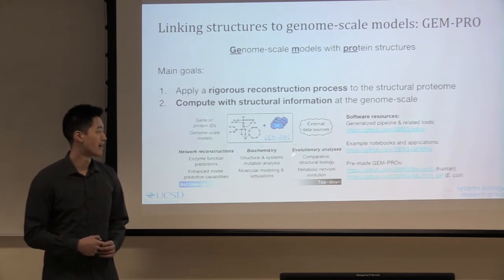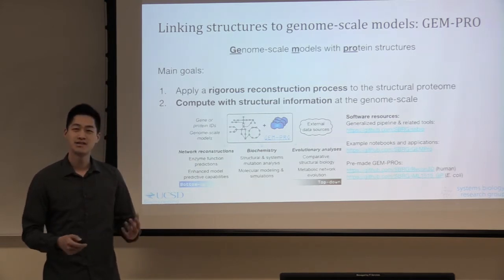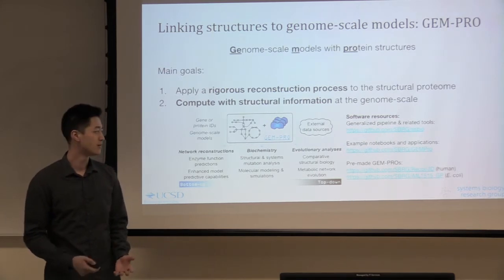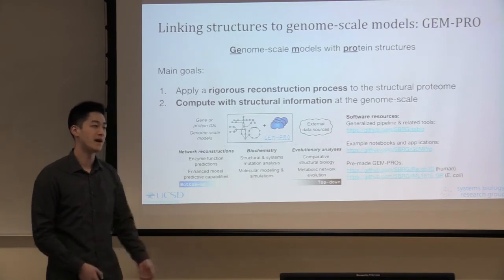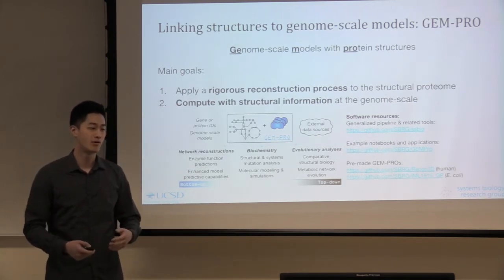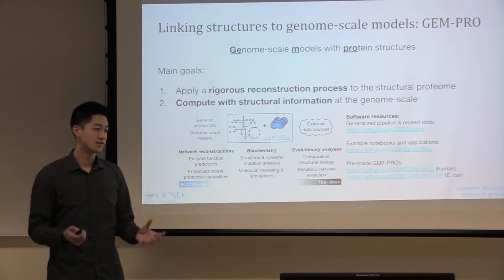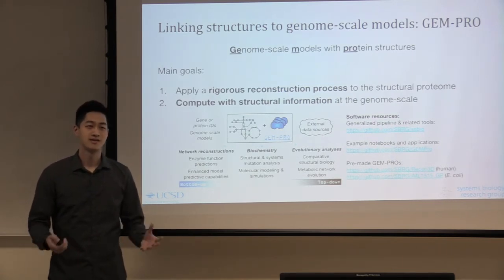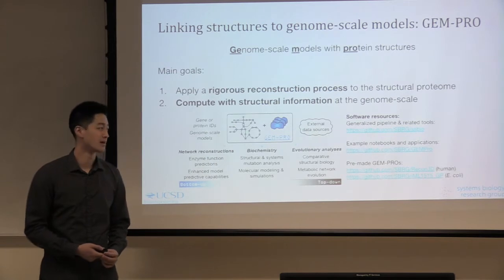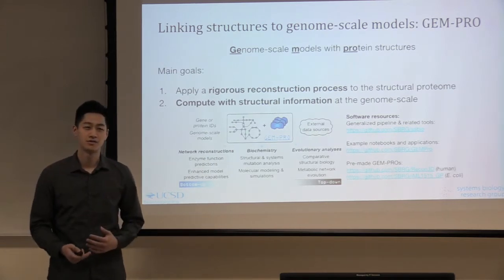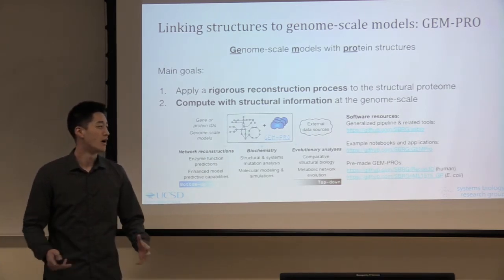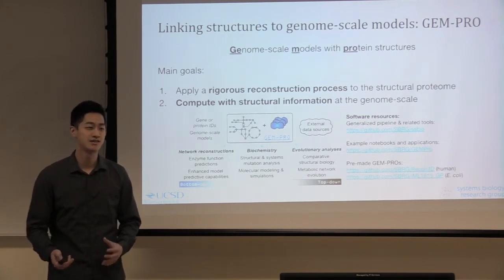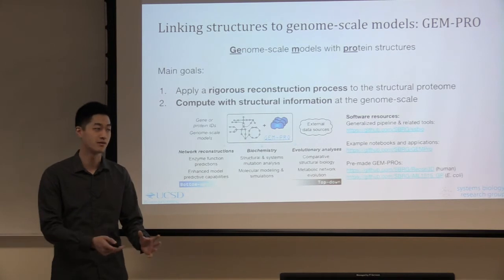What I have here is a figure of the different scales of applications you can do with the GEM-PRO, from the bottom up to the top down. I consider the bottom-up approach to be more about using structures one by one to understand, say, what an enzyme's true function is within a metabolic network. Whereas a top-down approach would consider all your gathered proteins in, say, comparative analyses to understand why one proteome differs from another.